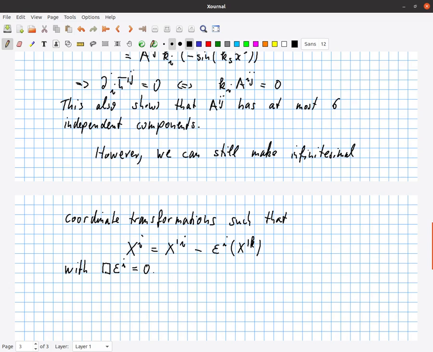Remember that what I've just said is our gauge condition was that this object is the same with or without prime minus box xi, which meant we could choose box xi such that it was h. However, if we now make this transformation, assuming that box epsilon is 0, then this transformation obviously doesn't affect the gauge, which is what motivates this.